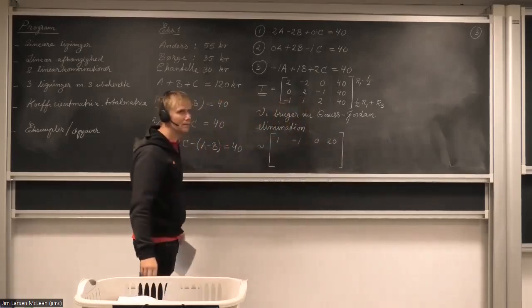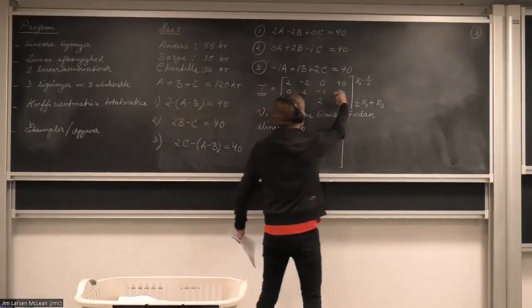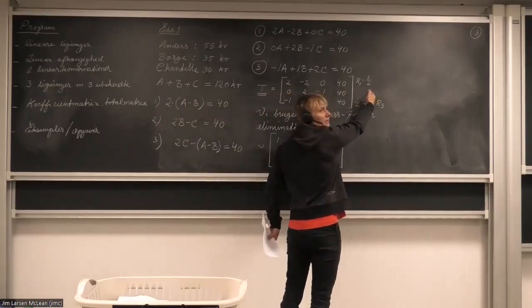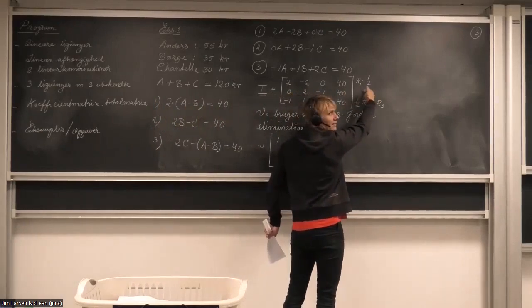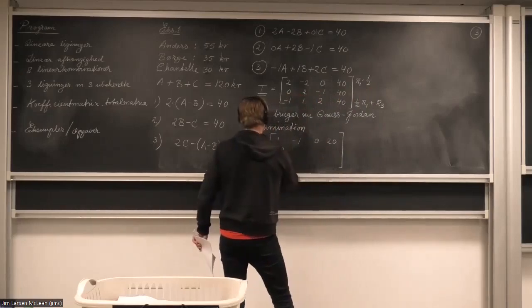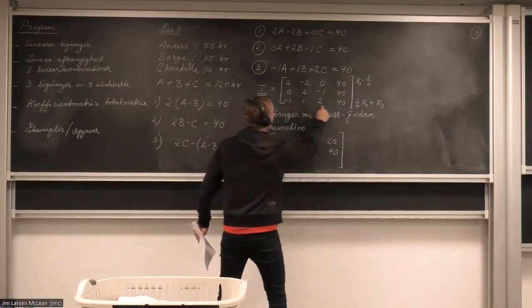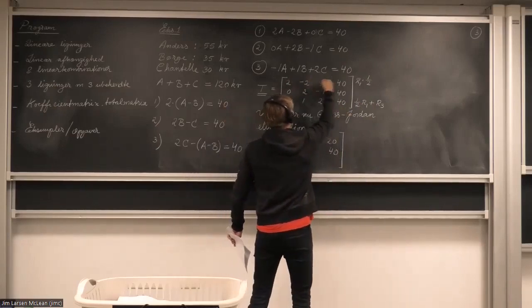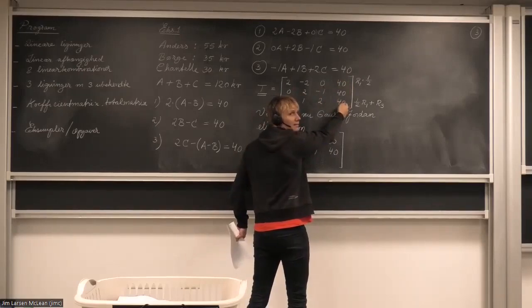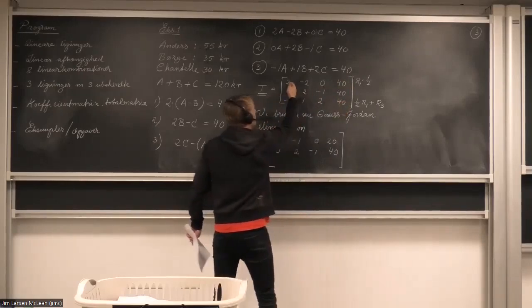Did you get that? In row 2, nothing has happened. Where can I see that? There's nothing written out here. This is where you write what should happen in the rows. So nothing has happened, so I copy paste that here: 0, 2, minus 1, 40. But what did I do down here? Oh yes, I took half of that and added it to that. Half of 2 is 1.